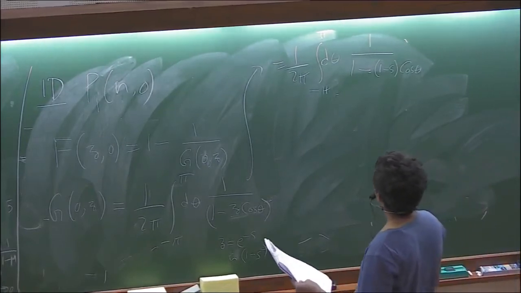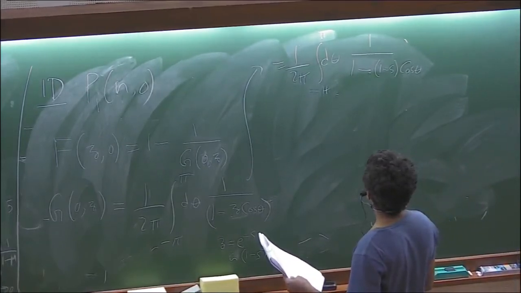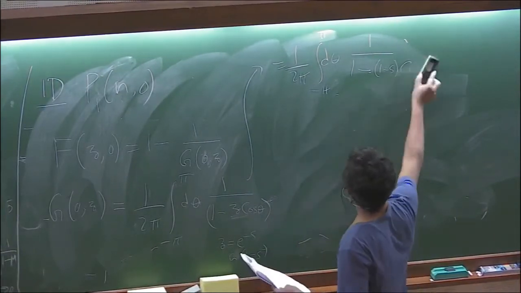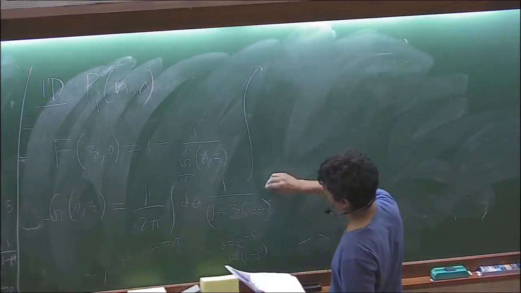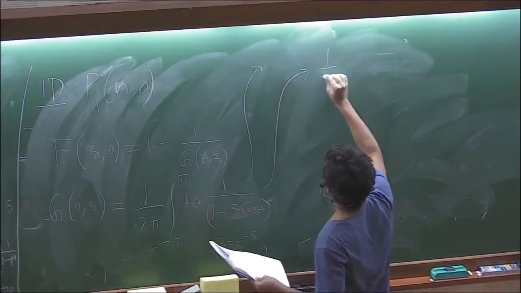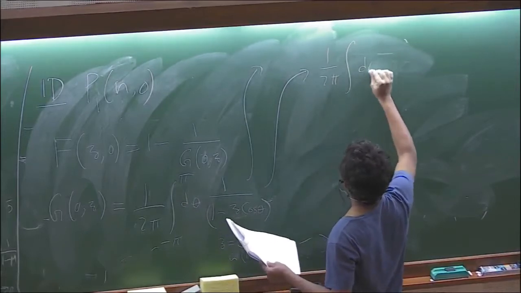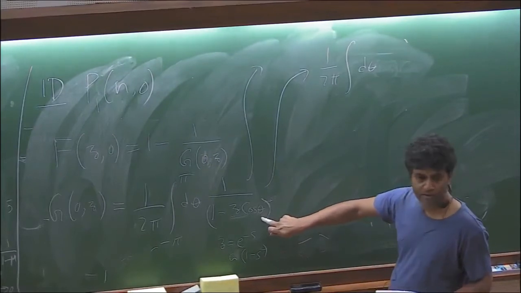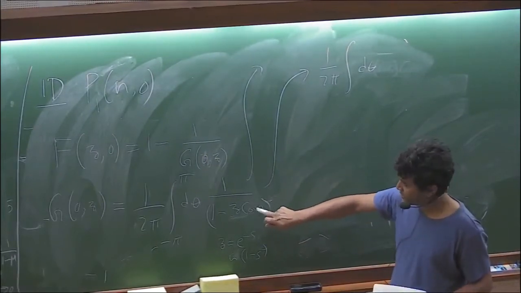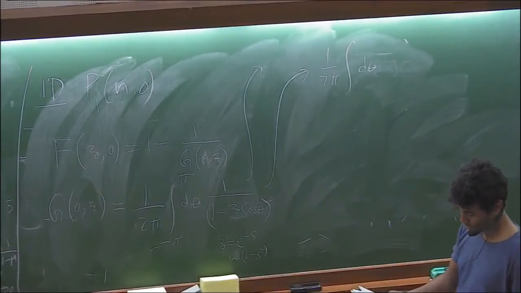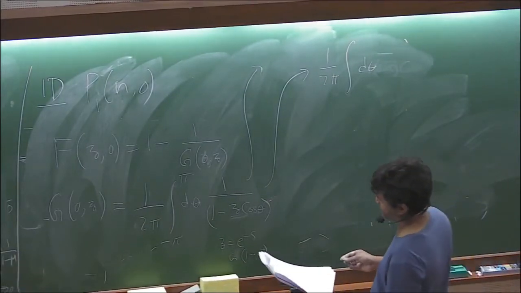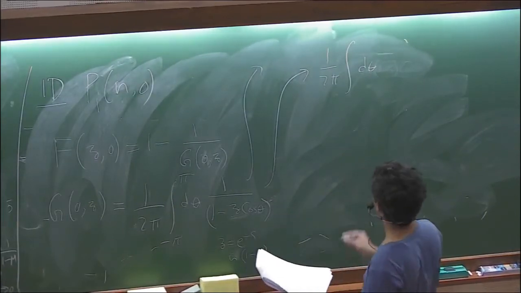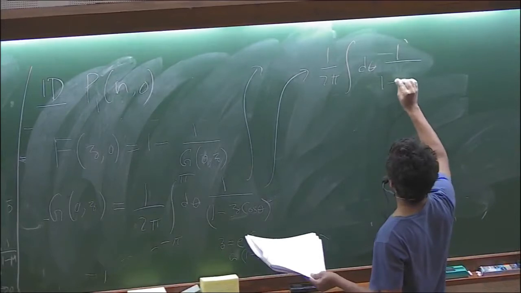Here again the main contribution comes from small theta, so you expand this, it's 1 minus theta square.